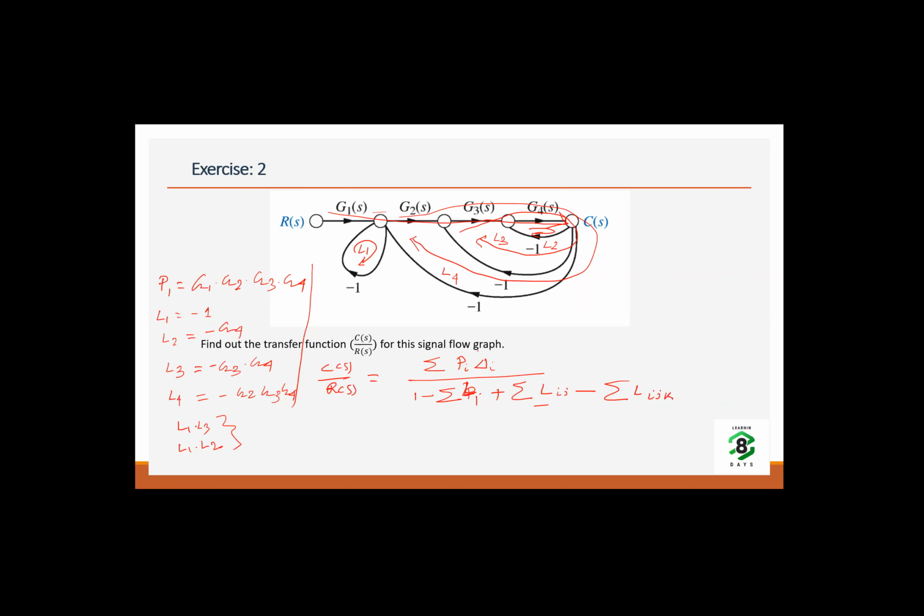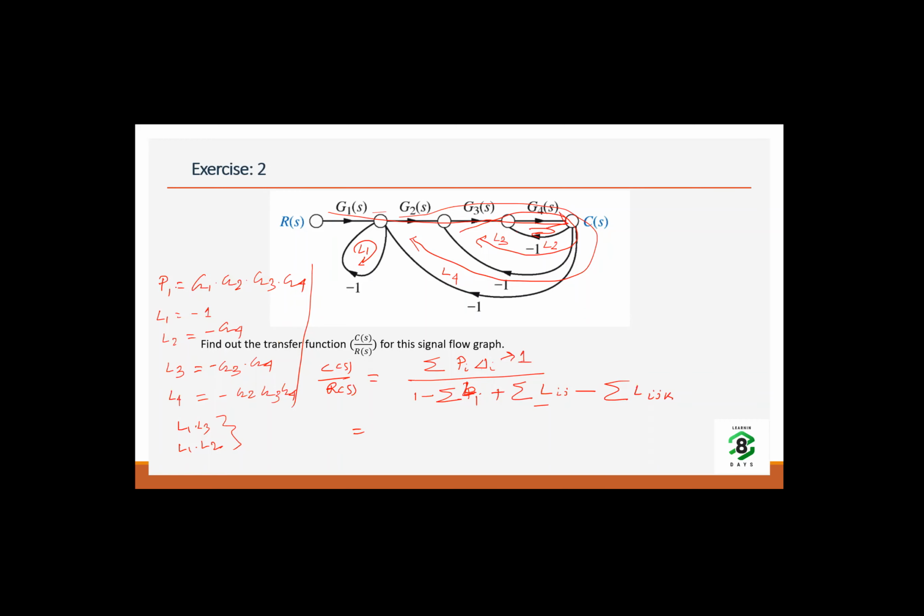Now I will replace this formula with the actual numbers. Again, this delta i is also applicable when any forward path has any non-touching loop. In this case, the forward path touches all the loops, so in this case this is 1.